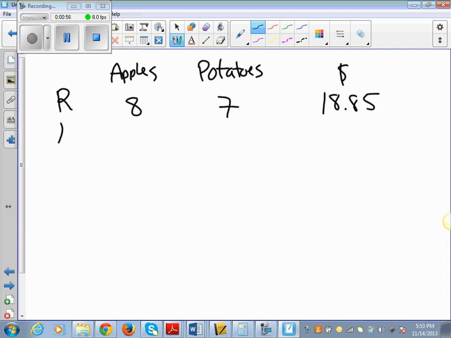And Trevor bought 2 pounds of apples, 10 pounds of potatoes, and spent $12.88.